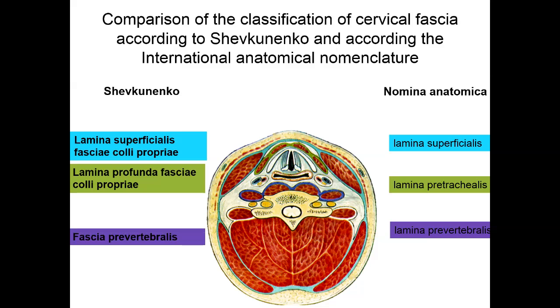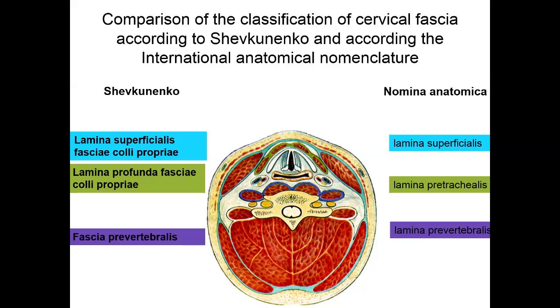And fascia prevertebralis corresponds to lamina prevertebralis in nomina anatomica. So these three fasciae according to Shevkunenko and three laminae in nomina anatomica practically coincide, they correspond to each other.